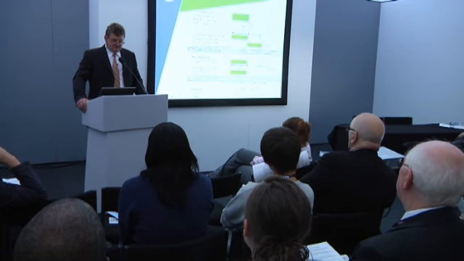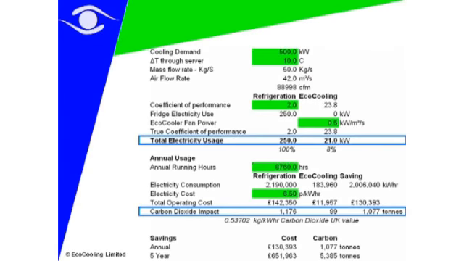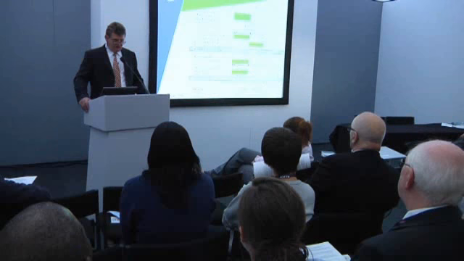Where does it come from? The next stage of that spreadsheet, you will see there's a comparative cost, 2 columns, between refrigeration and an eco-cooling CREC system. The coefficient of performance of refrigeration in a PUE 1.6 data center will be about 2.